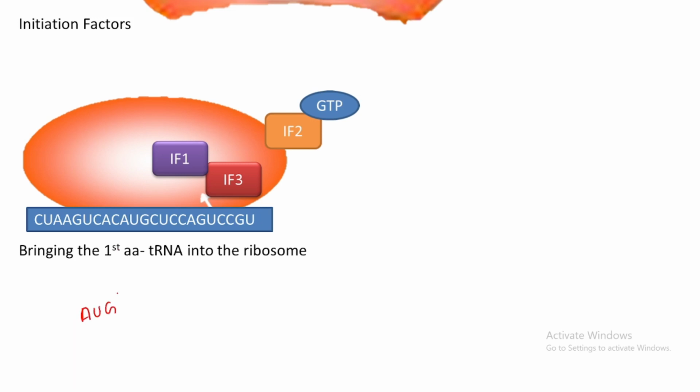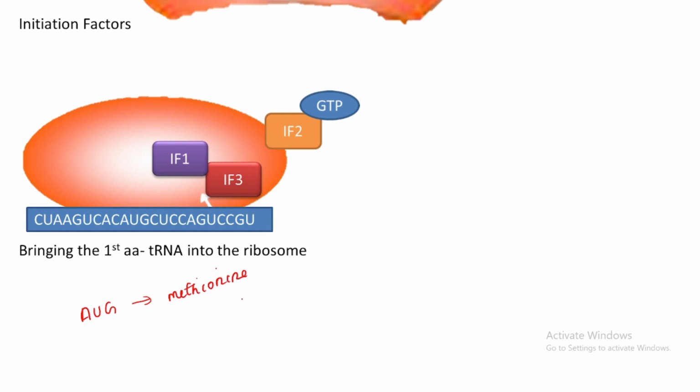AUG is the initiation codon, and more than an initiation codon, it codes for an amino acid, methionine.